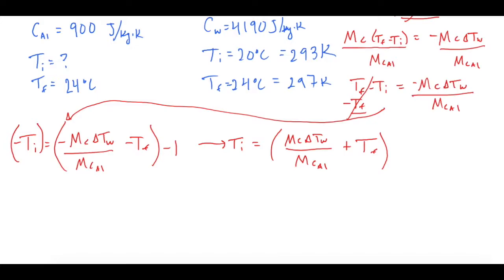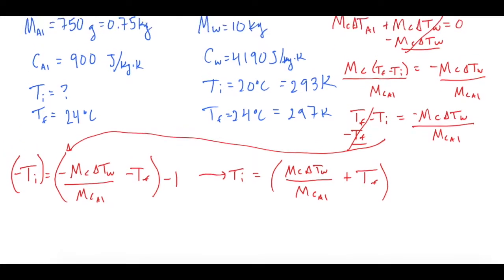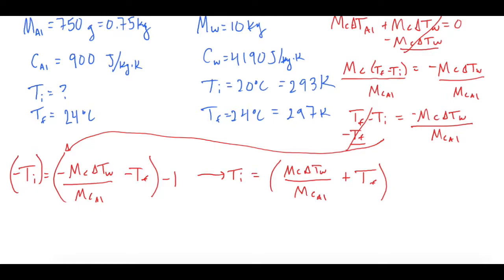Great, so now let's just plug it all in. Scoot up just a teeny bit so I can see all the stuff. Okay, so we have T initial is equal to mass of the water, so 10 kilograms times the specific heat, 4190 joules per kilogram times Kelvin. And then we're going to multiply that by the change in temperature, which was 4 Kelvin.